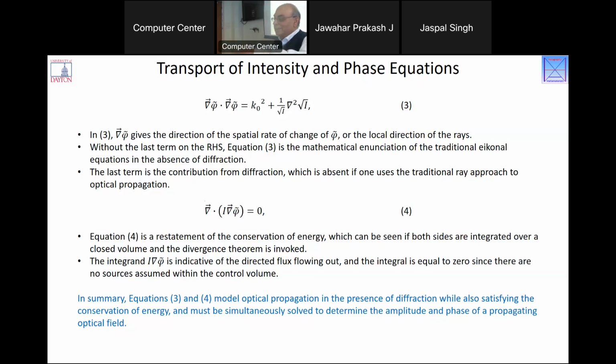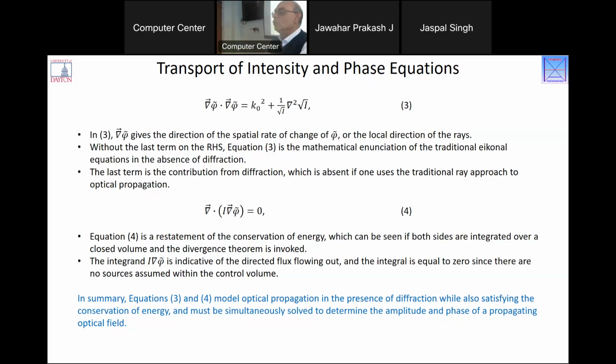So this kind of approach, according to me, is better, at least to me, because it tells me exactly what these two equations are. Are you okay so far? So therefore, as you'll see, the transport of intensity equation is really a restatement of conservation of energy. That's it. And really, that's the principle behind it. When you go and measure the total intensity from one plane to the next plane, intensity is conserved.